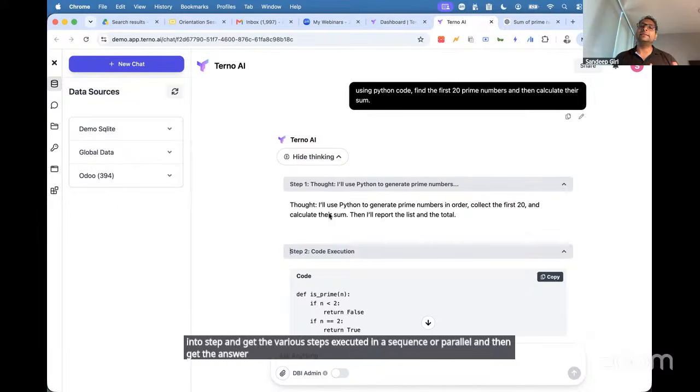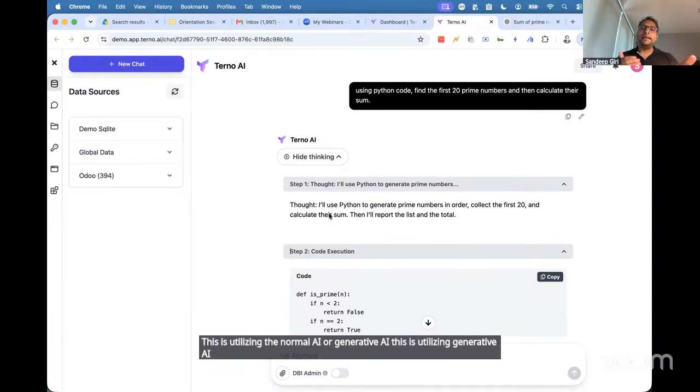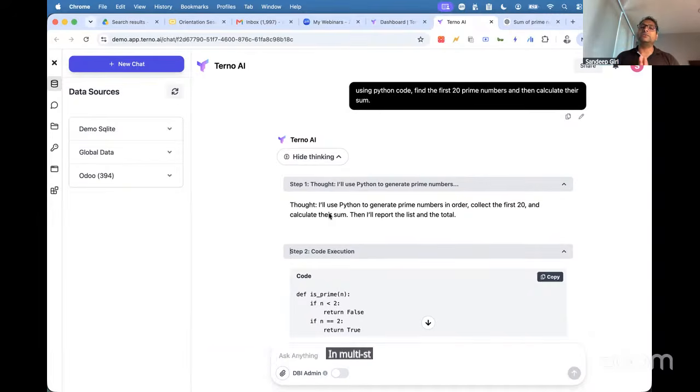So this is utilizing the normal AI or generative AI in a multi-step process, and that's what is called agentic AI.